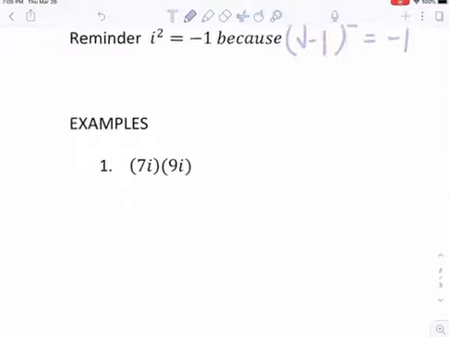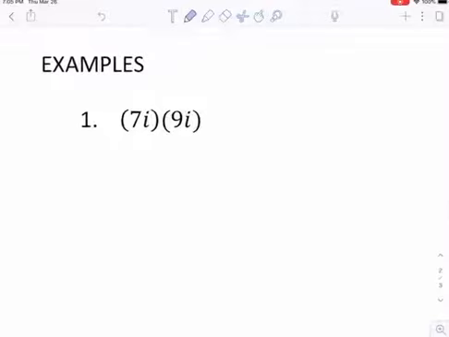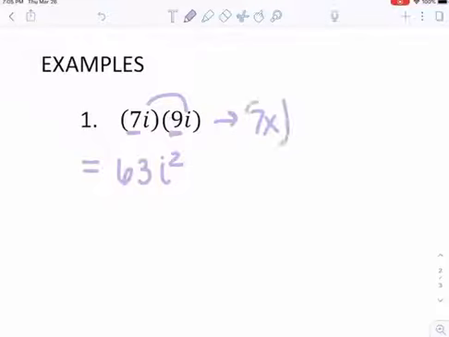Okay, so in example 1, I have 7i times 9i. So multiply the 7 and the 9 normally. So I get 63, and then the i's become i squared. Now this is just like if I had 7x times 9x, right? It would be 63, and that becomes x squared. i works the same way.